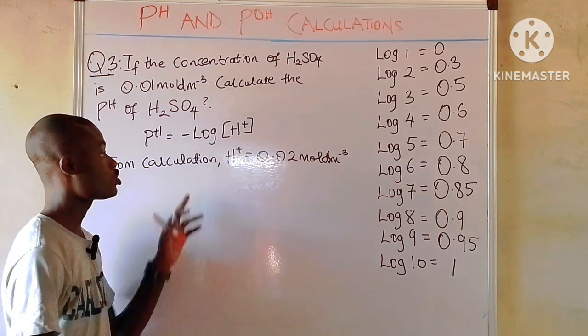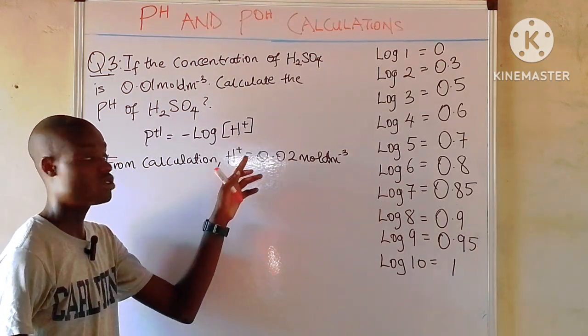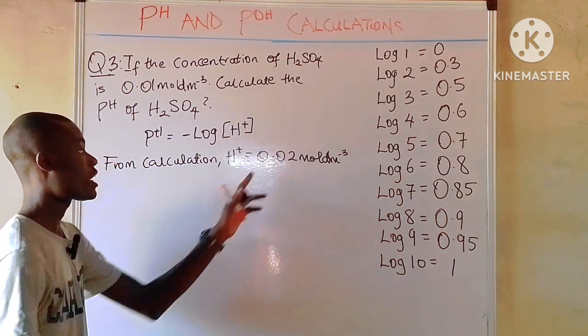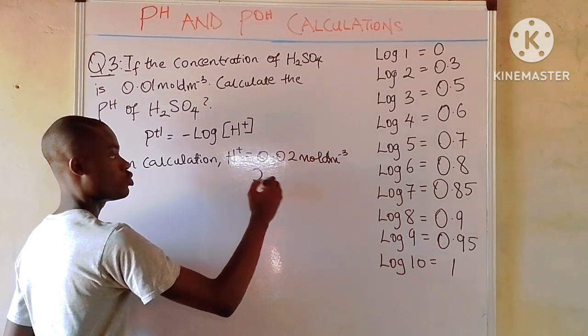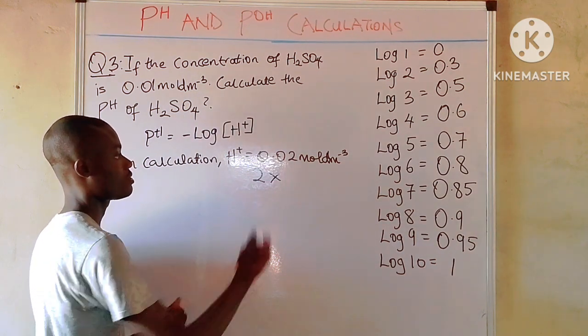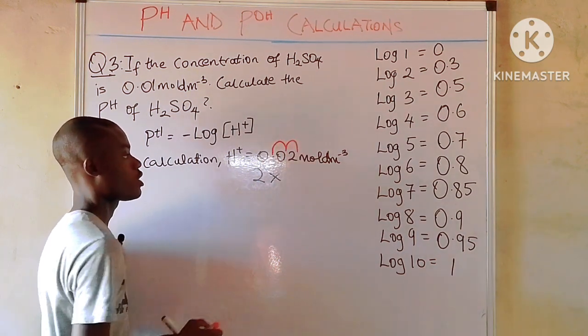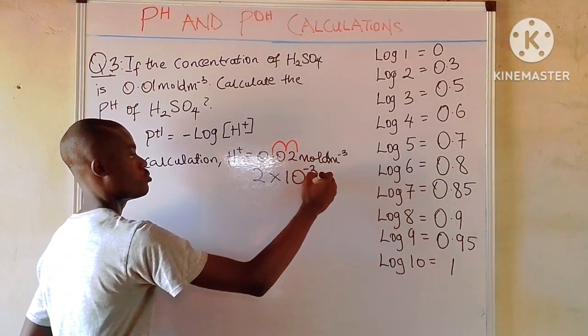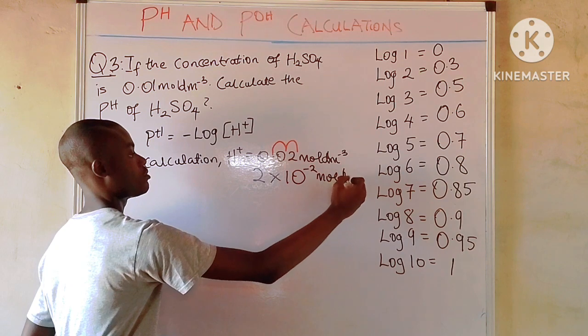So from calculation, we are able to calculate the hydrogen ion concentration as 0.02 mole per dm cube. We can write this in standard form as 2 times, because we move our decimal point 2 times, 10 raised to the power of minus 2 mole per dm cube.